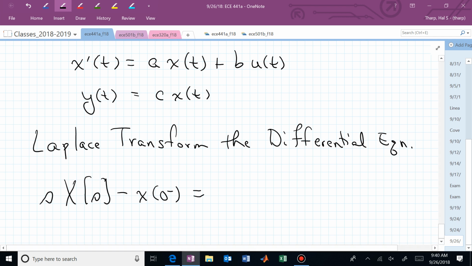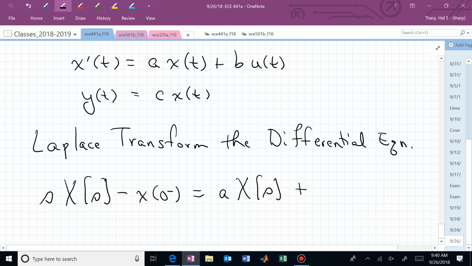What if we Laplace transform the first term on the right of that differential equation? A is a scalar, that's a constant. That can slide outside the Laplace transform, and now we just have capital X of s.